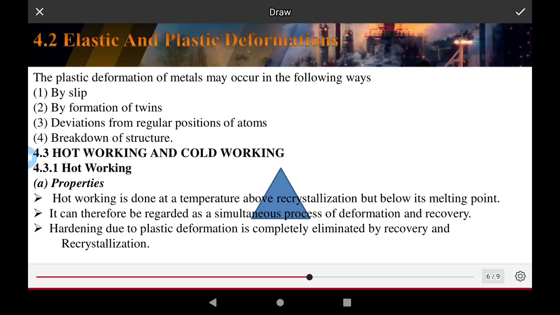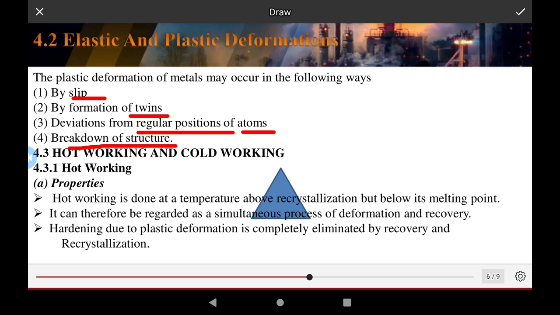The deformation of metal occurs by slip and by the formation of twins, with deviations from the regular positions of the atoms and breakdown of the structure of the grain boundary.